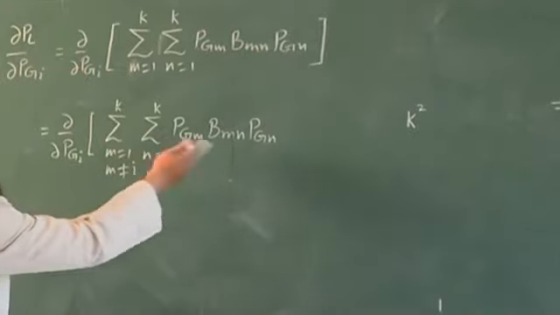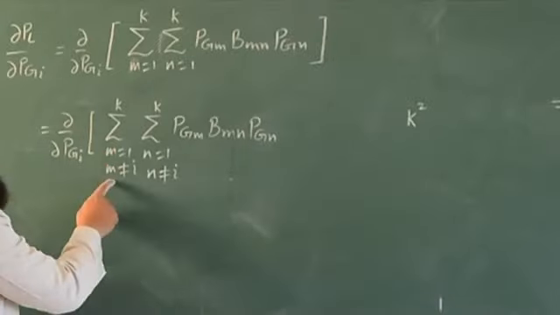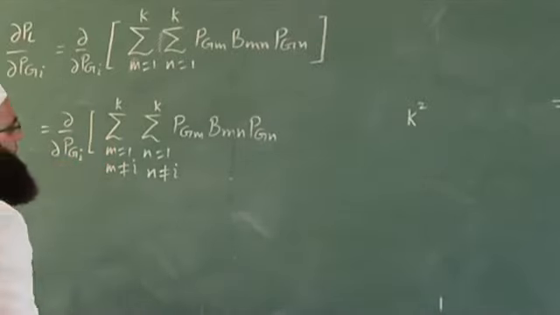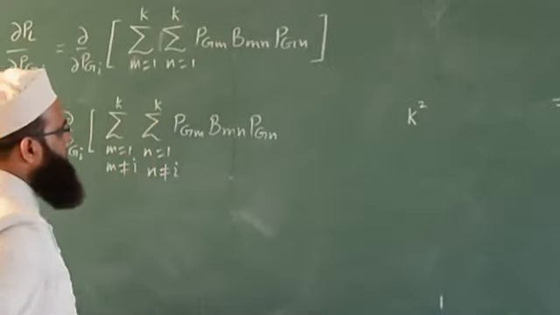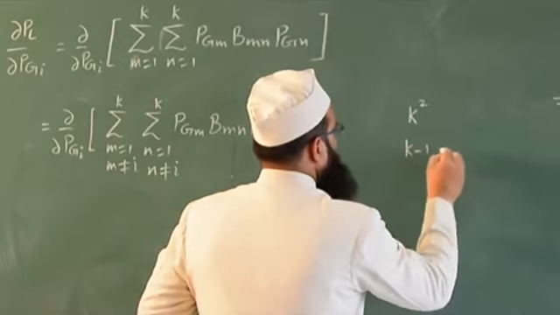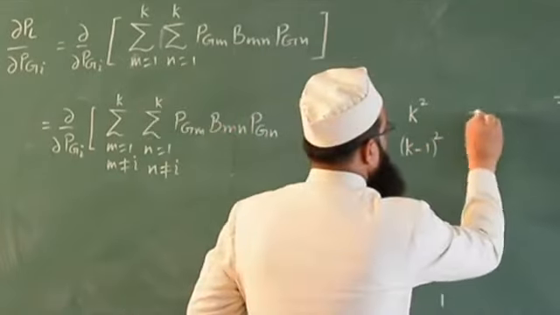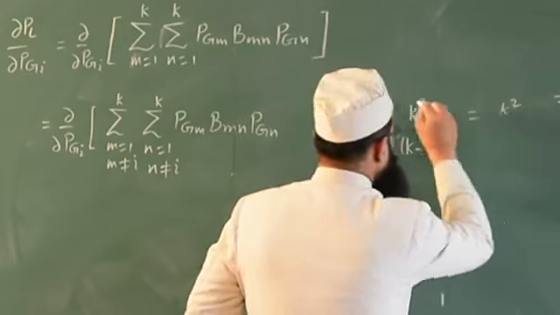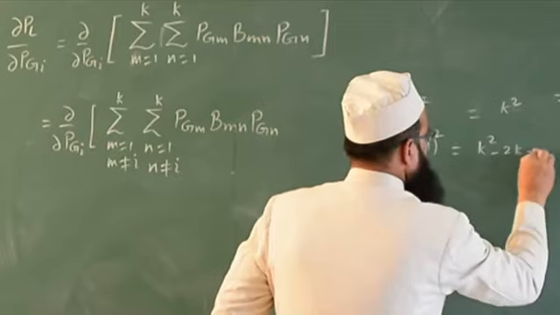How many terms? m from 1 to k except I, so k minus 1. n is equal to 1 to k except I, so k minus 1. So the total number of terms will be k minus 1 into k minus 1, that is k minus 1 square, which is k square minus 2k plus 1.